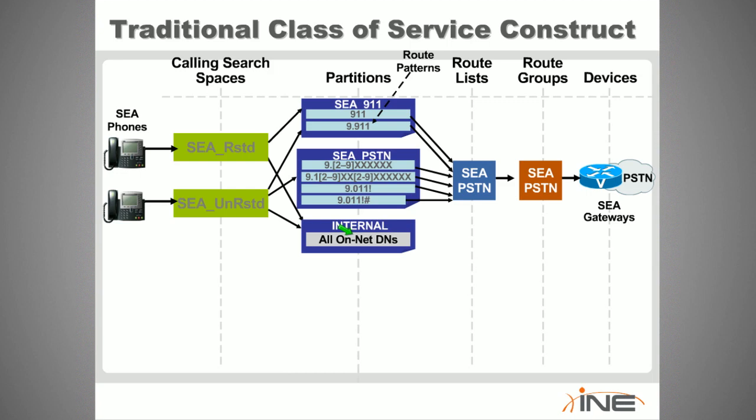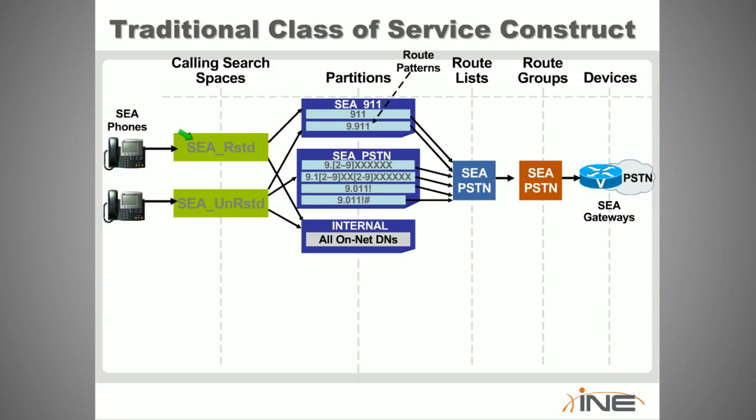Now, other than internal, which are registered directly to those devices, so they don't need to point to anything, these route patterns all point to, in this case, a route list, which points to a route group, which points to the gateway.